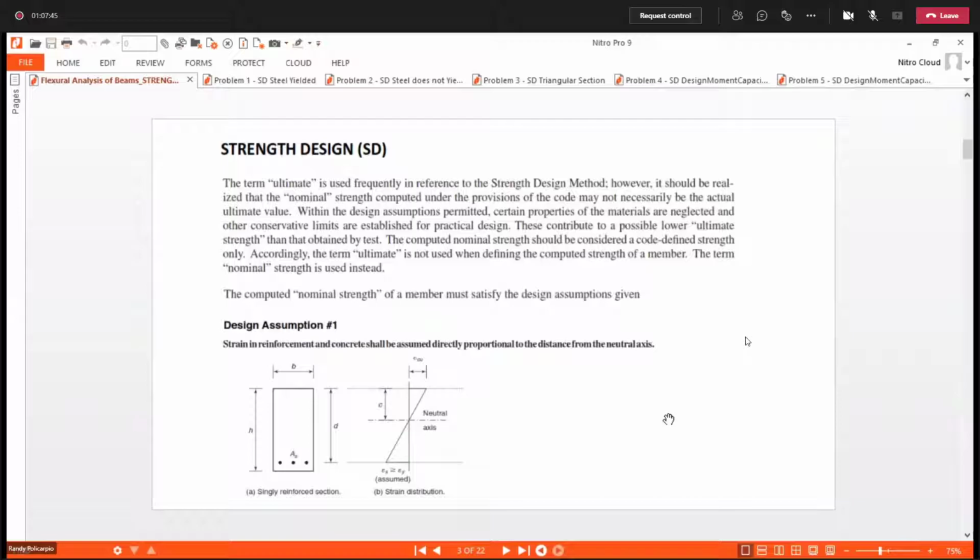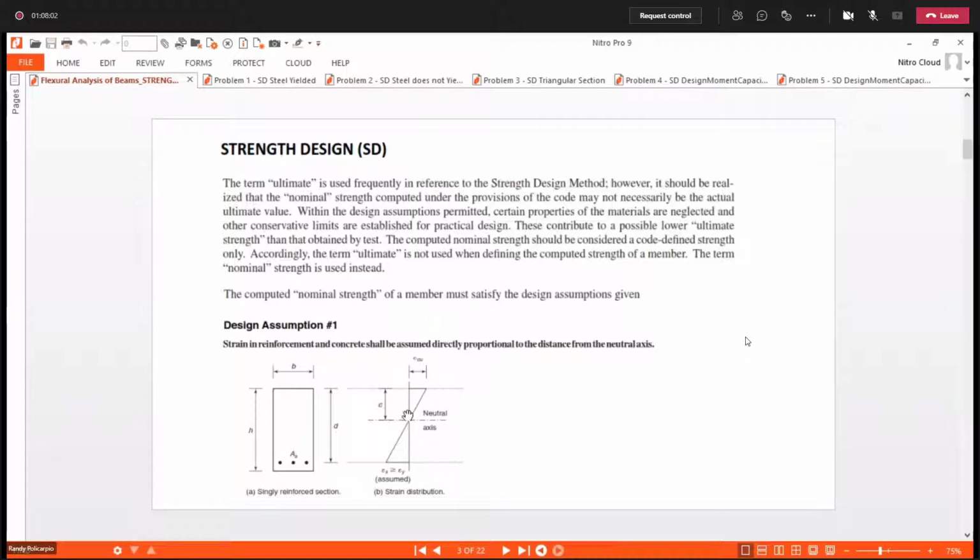Okay, so in the computation of the nominal strength, we have the following assumptions. Number one, strain in the reinforcement and concrete shall be assumed directly proportional to the distance from the neutral axis.